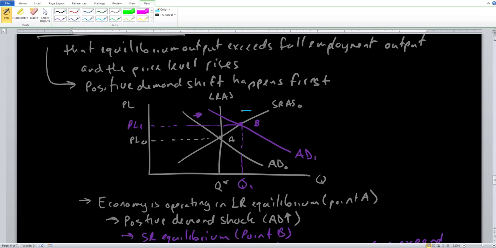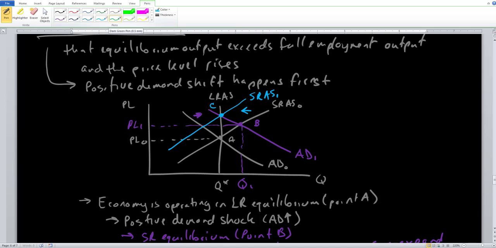Input costs have gone up, so the short-run aggregate supply curve is going to be affected. Firms and corporations aren't going to be able to supply as much as before. So here, we shift our SRAS curve over to the left until we hit our new equilibrium. That's going to be exactly where all three of these curves intersect with one another, exactly at point C.